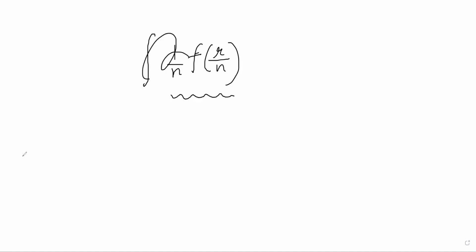How did the upper limit and lower limit come, sir? Please explain r by n once. The idea is simple. See, you have 1 by n times f of r by n. When you see this type of expression, wait, I'll write it in a different way.